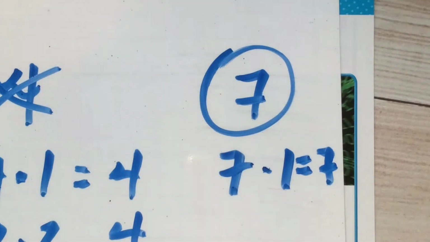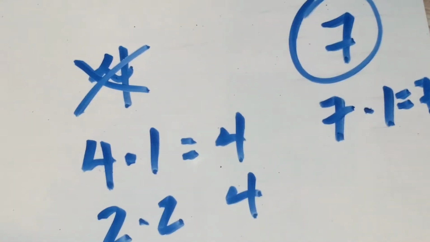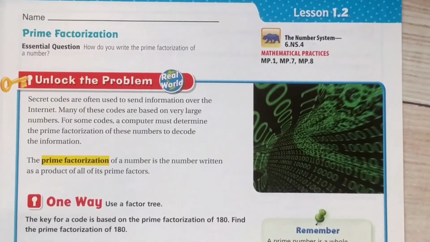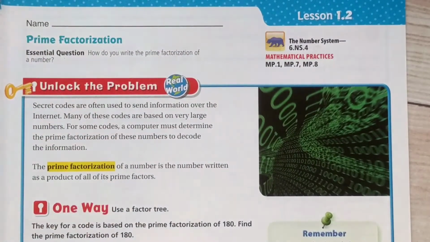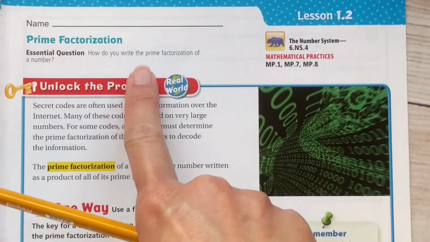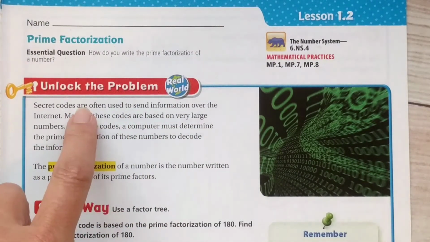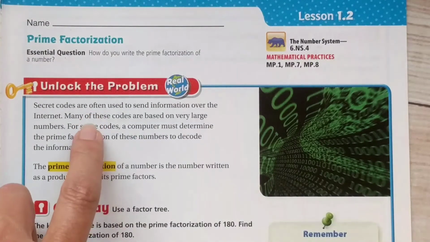All right. Now that we've established that, let's look at prime factorization in the lesson. Here we go. We're on lesson 1.2, which is found on page 9 in your large textbook. The essential question for today: how do you write the prime factorization of a number? Secret codes are often used to send information over the internet.